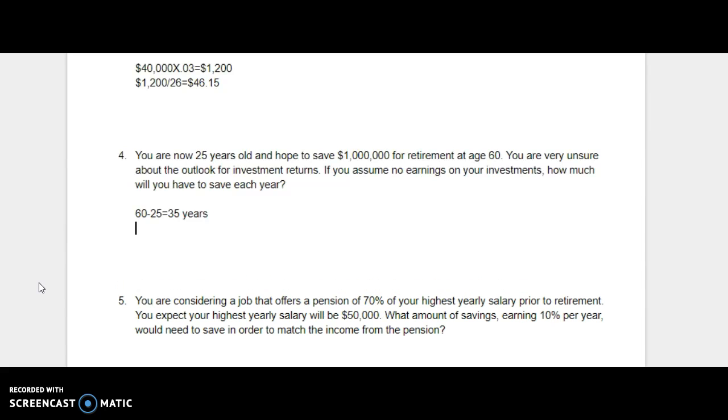So what we're going to do is divide $1 million by 35 years to figure out how much each year we would have to save to reach our goal in 35 years. So each year, once we divide, we find out we would have to save $28,571.43 every year for 35 years to retire at 60 with $1 million.